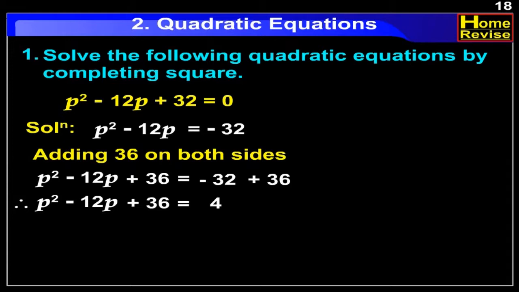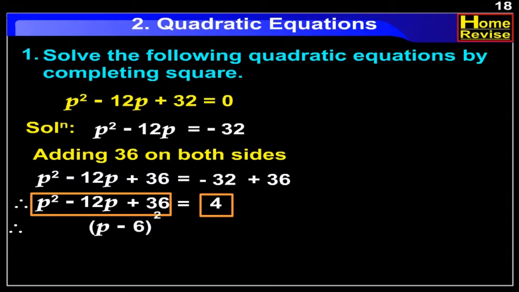Now, here p square minus 12p plus 36 on the left hand side is the square of p minus 6 and 4 is the square of 2. Therefore, p minus 6 whole square is equal to 2 square.